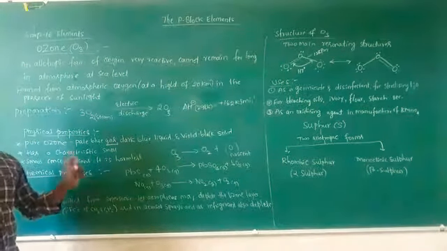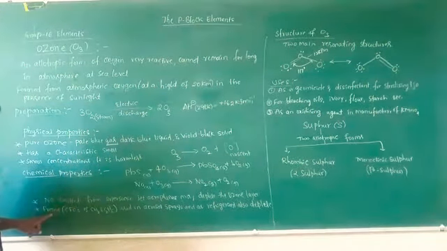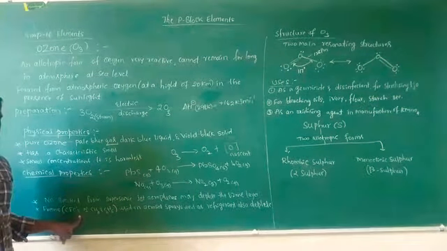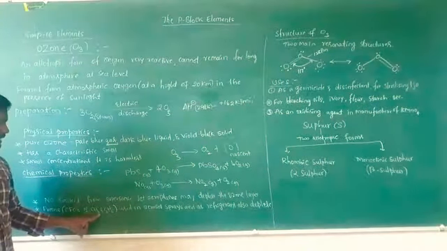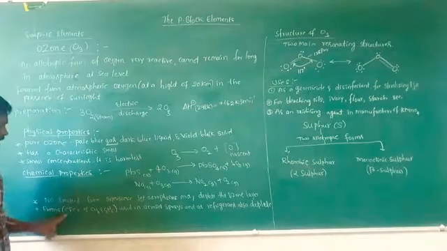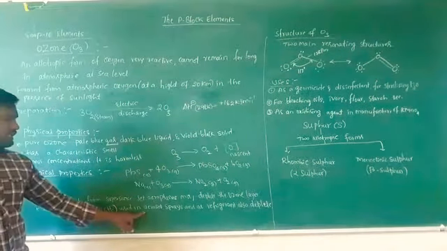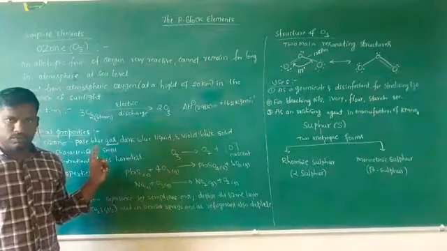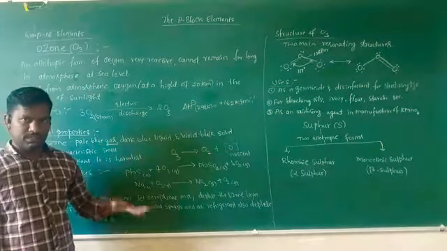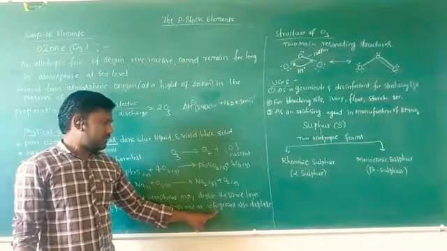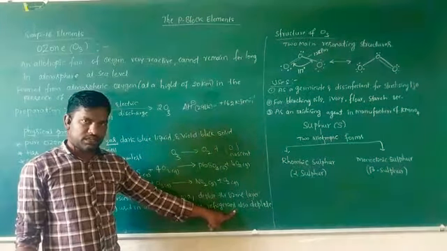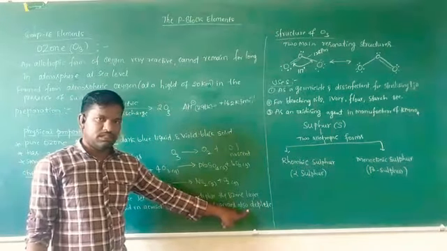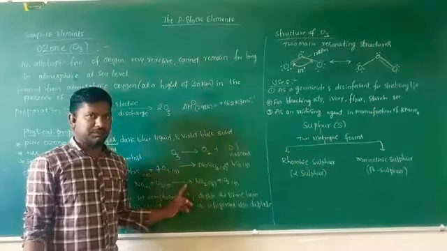Depletion of the ozone layer is also caused by freons. What are freons? Freons are chlorofluorocarbons, CFCs, of methane and ethane. These freons are used in aerosol sprays and cause ozone layer depletion. Chlorine and CFCs cause depletion of the ozone layer.